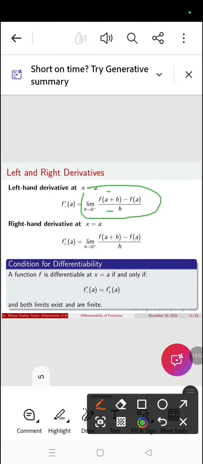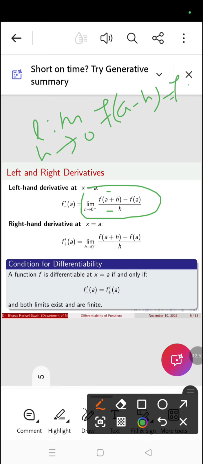Just rectify it: limit h tends to 0 minus, so you can modify it as limit h tends to 0, f of a minus h minus f of a, divided by minus h. This is your LHD.